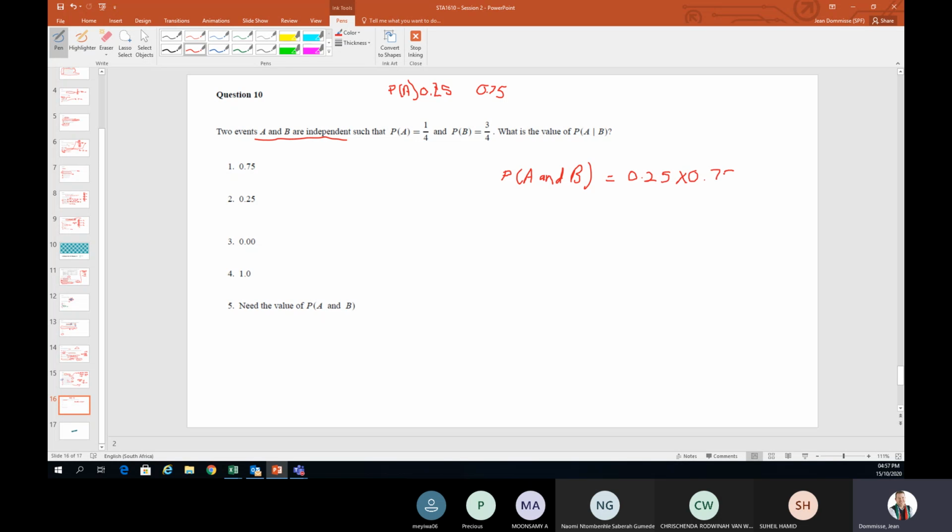Because they tell us it is independent, we can automatically say that that rule will follow. So that is equal to 0.1875.